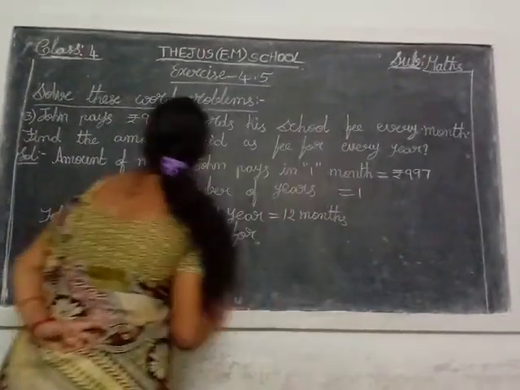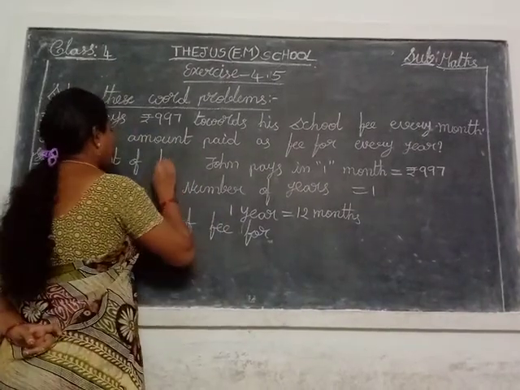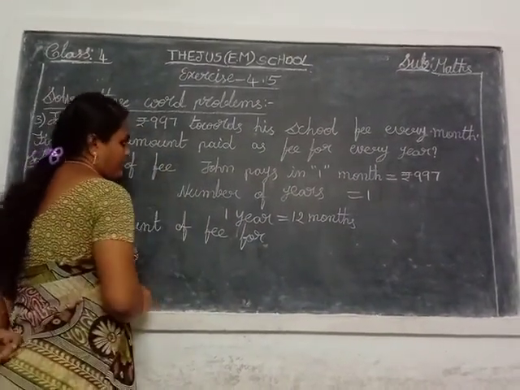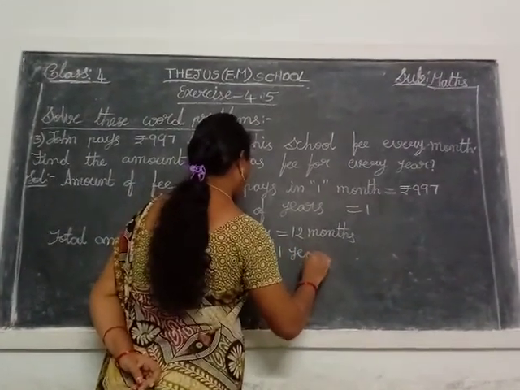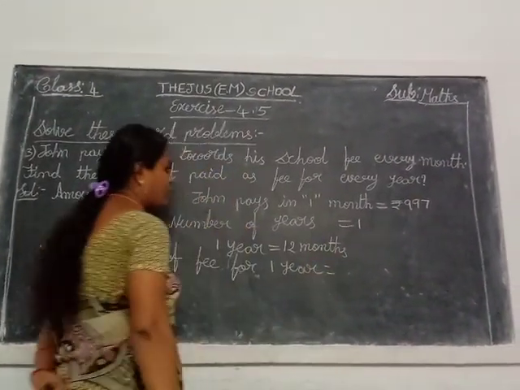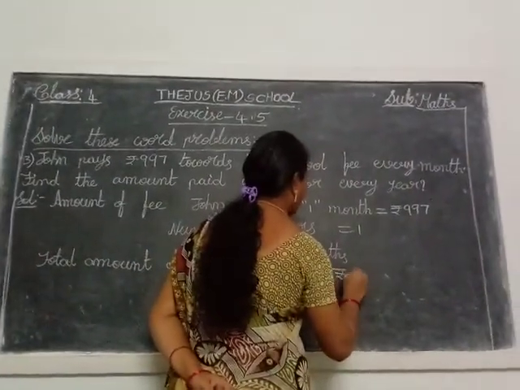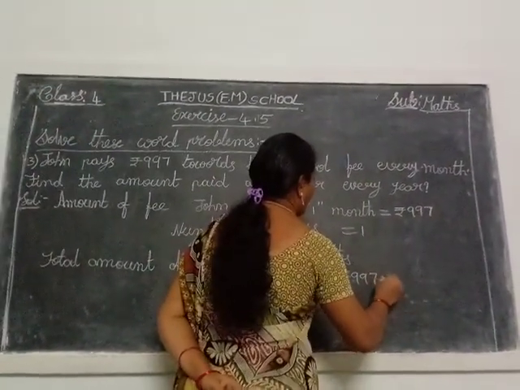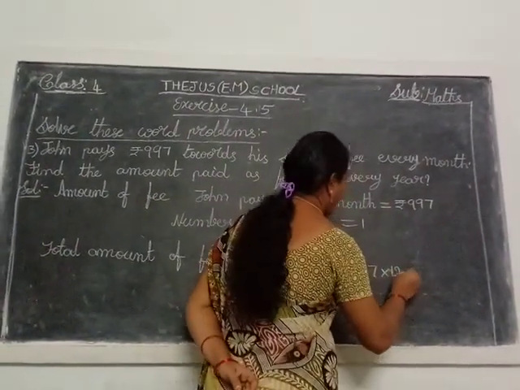Here also you write fees, children. Amount of fees for 1 year is equal to 1 month he paid how much, children? 997 rupees into 1 year, which means 12 months. So you write here 12.